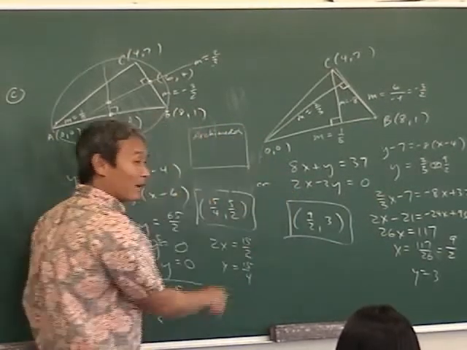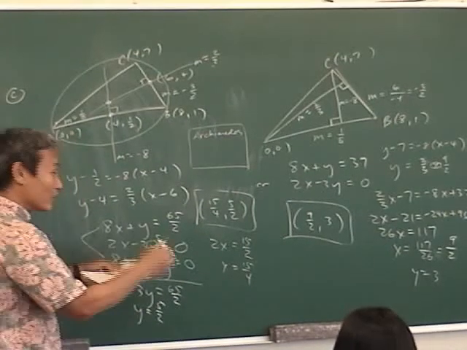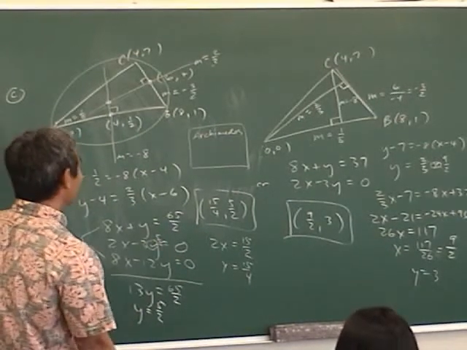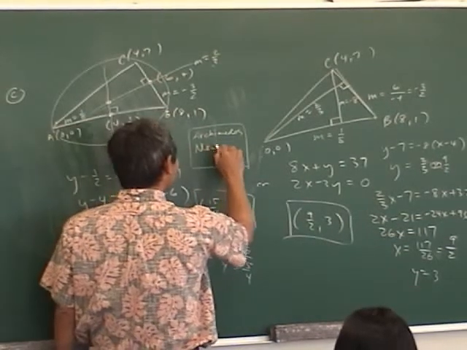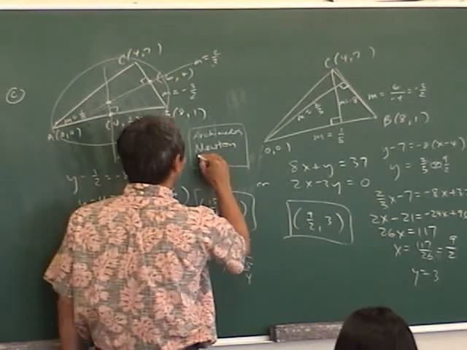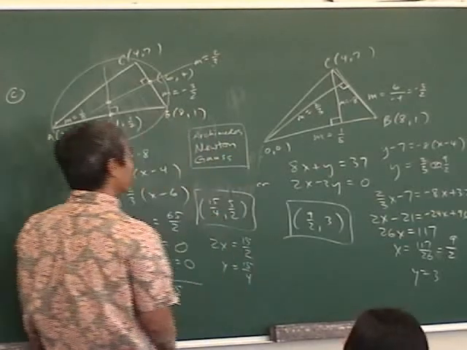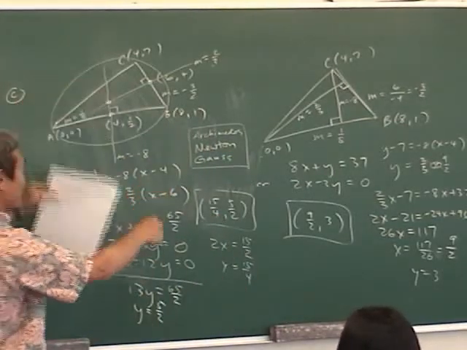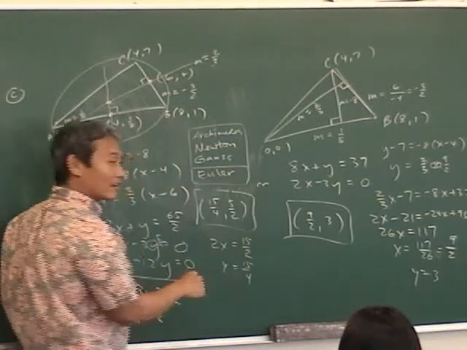No, that's his name, Archimedes. Greeks only had one name, like Euclid. There's no last name. Sir Isaac Newton, he invented calculus. And Karl, no, Gauss. These are the three greatest mathematicians of all time, and here's number 4. Euler, Leonhard Euler.